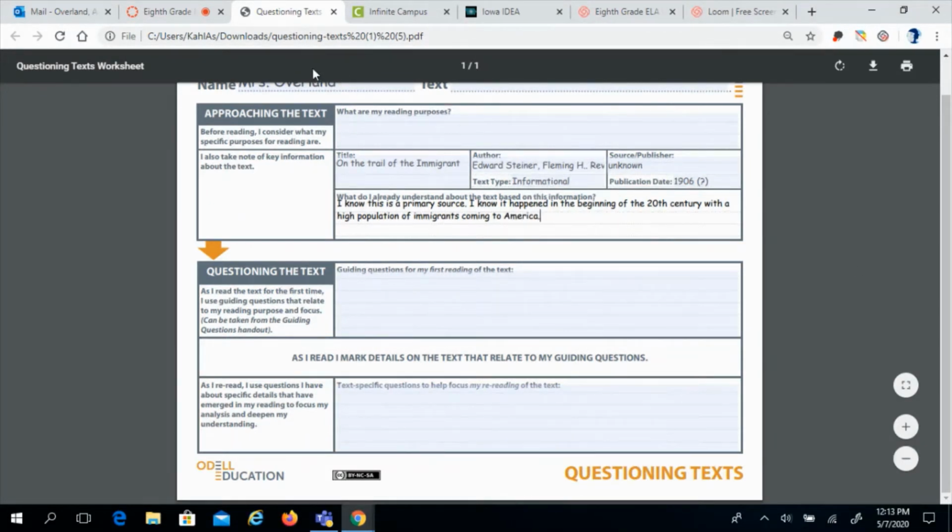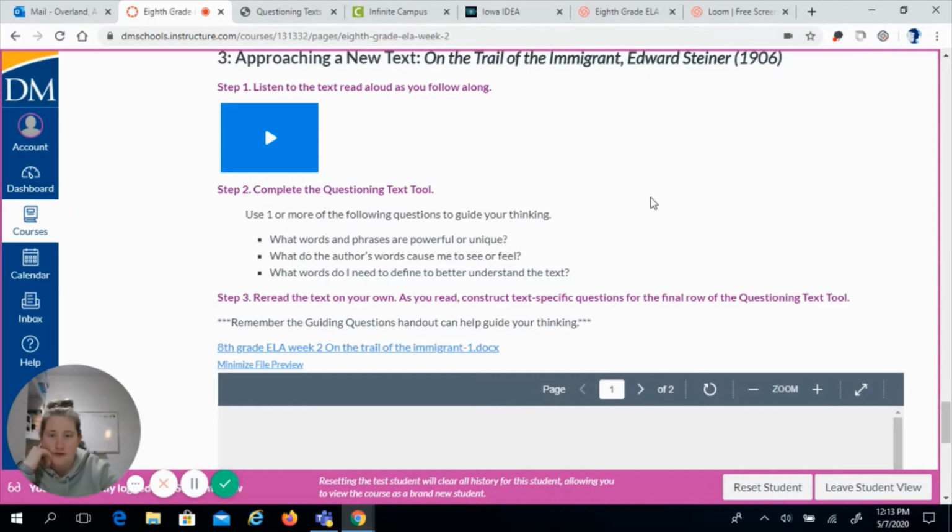All right, so I'm going to go back to my directions so I make sure I fully understand what I'm supposed to be doing. So I need to use one or more of the following questions to guide your thinking. So your 3 options, or you can pick more than one, is what words or phrases are powerful or unique. Remember at the beginning of the year, we focused in on those powerful words. And so this is the time when you might focus in on why they chose those powerful words.